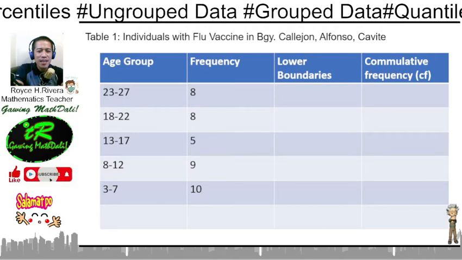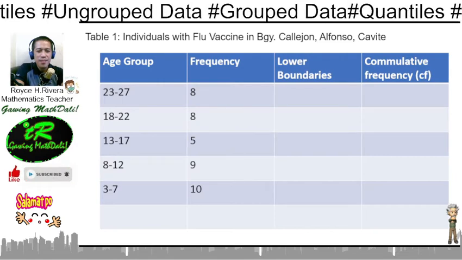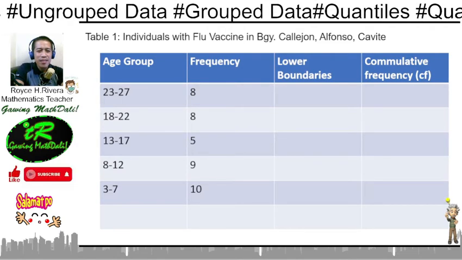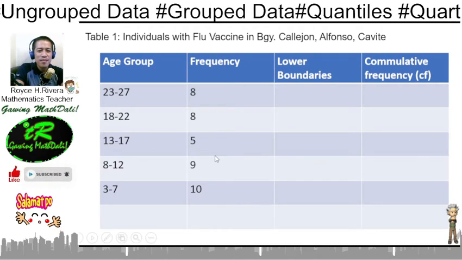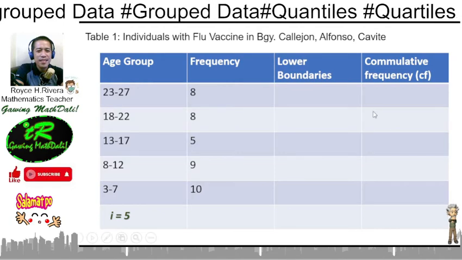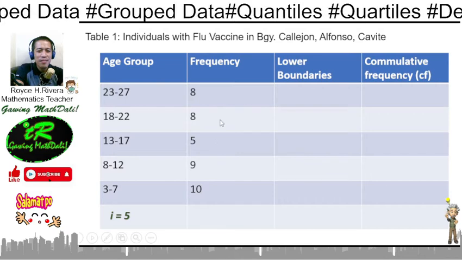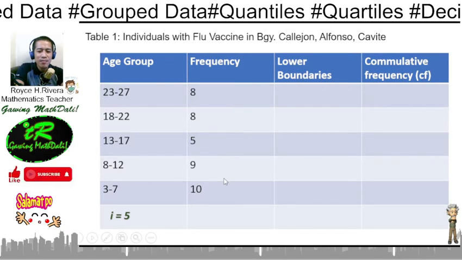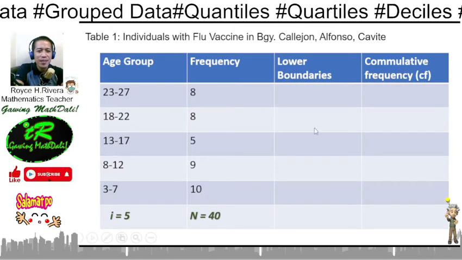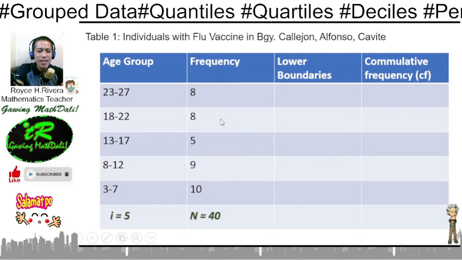And now let us complete the table. First, identify the interval for each age group, and that is equal to 5. Next, we need to add up all the frequency for each age group, and that is 40. So we have 40 data in all.